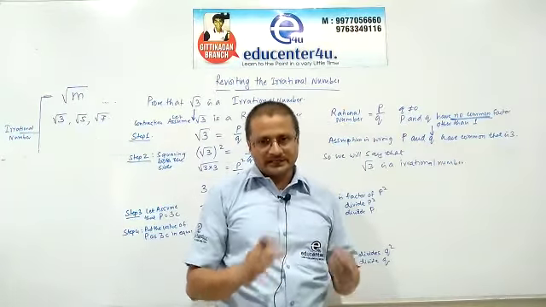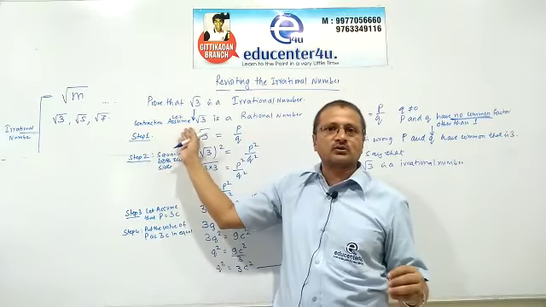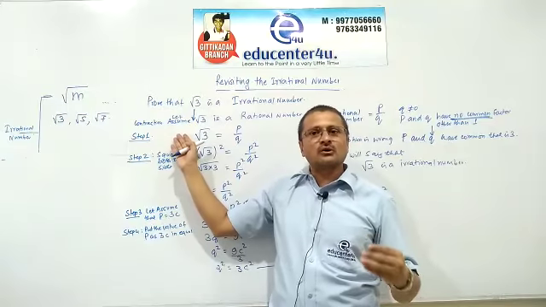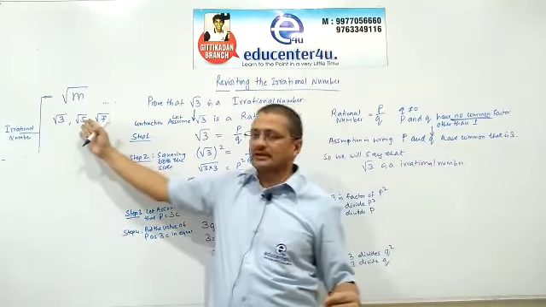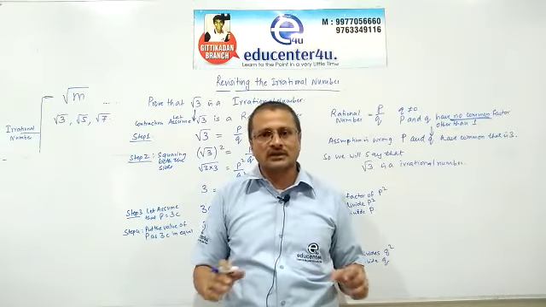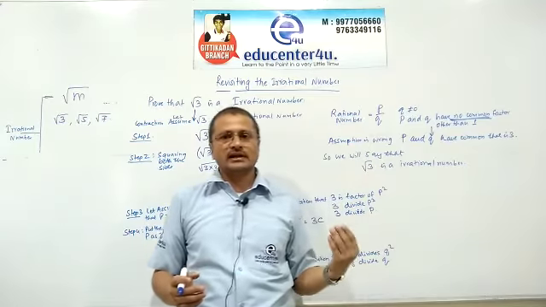So our assumption, that root 3 is a rational number, is wrong. So root 3 is an irrational number. Similarly, you have to prove it for root 5, root 7 and the rest of the numbers at home also. Likewise only you will write.